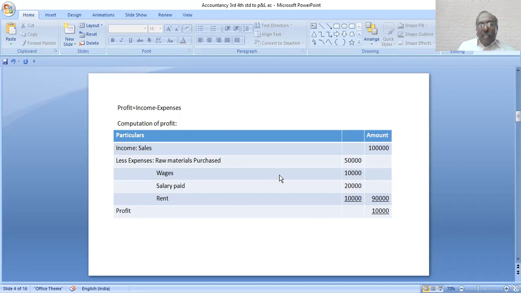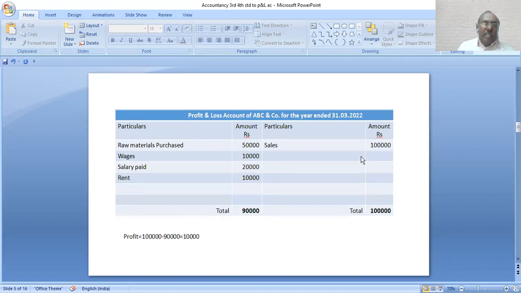Now, the same thing that we have already discussed in schools, we are going to work out in plus one accountancy also. But here we are going to have it in a different format. Instead of having an inner column and outer column, we are going to have two sides.